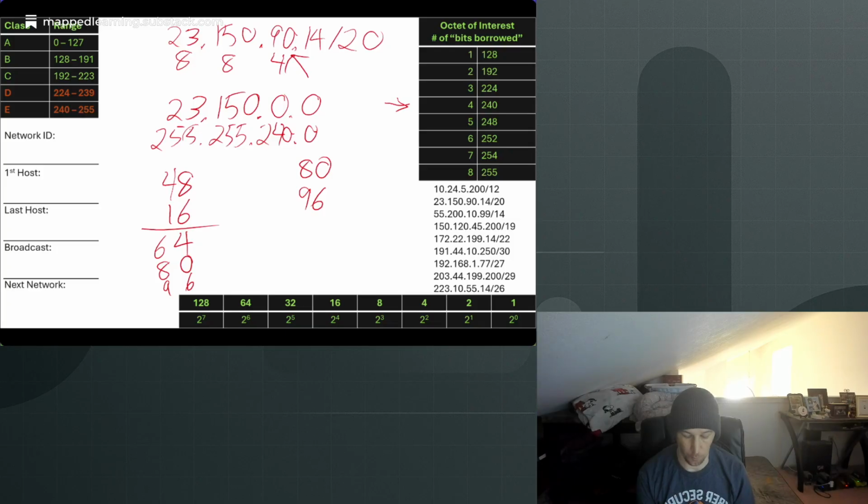So that means that the network ID for this subnetted network is 23.150.80.0. First host, add 1 binary bit, 80.1. The next network is 96, 23.150.96.0.